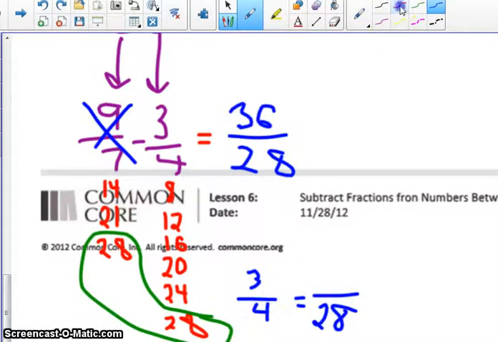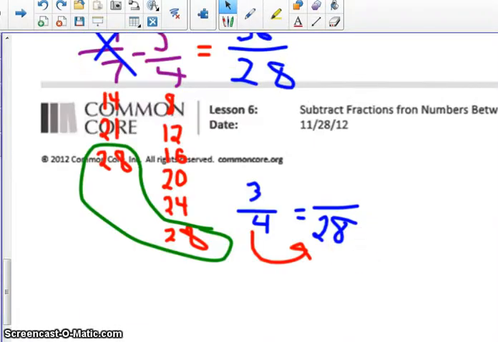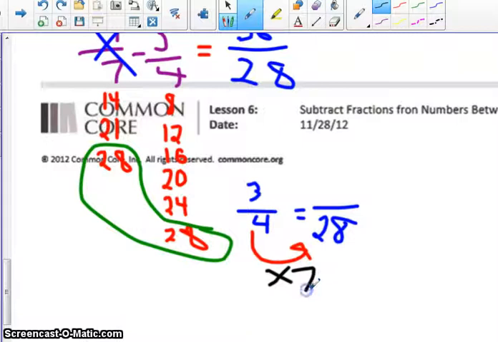Well, I don't know. 4 times what is 28? 4 times some number is 28. That number is 7. 4 times 7 is 28. So we've got to times 7 the top. And 3 times 7 is going to give us our mystery number, which is 21.